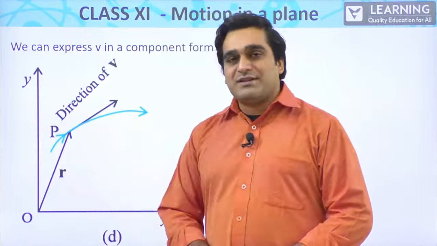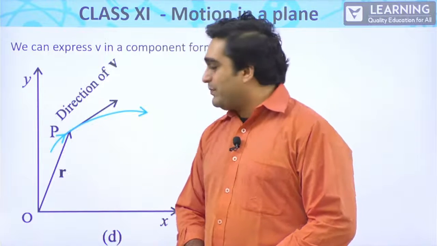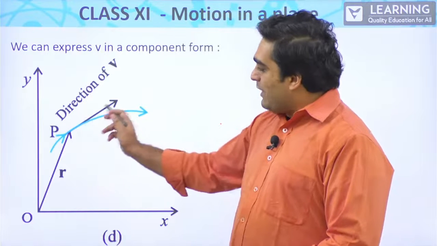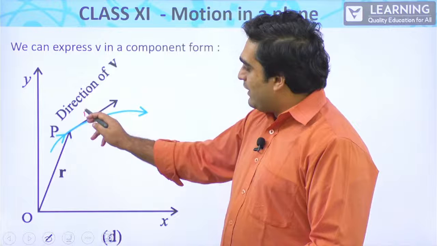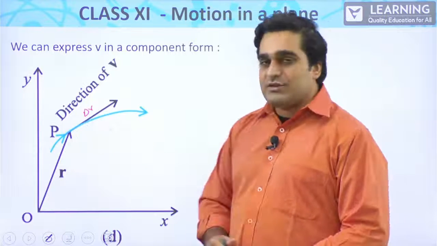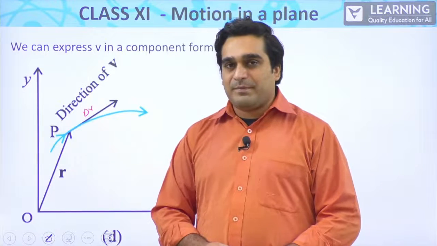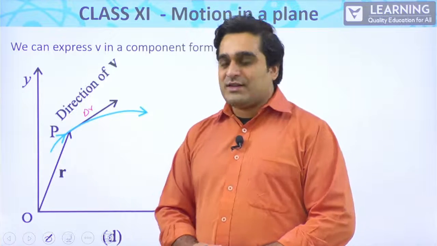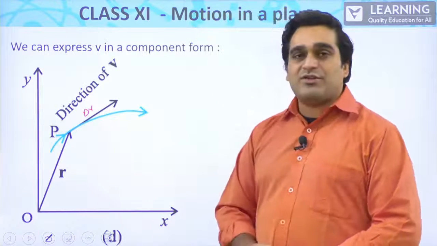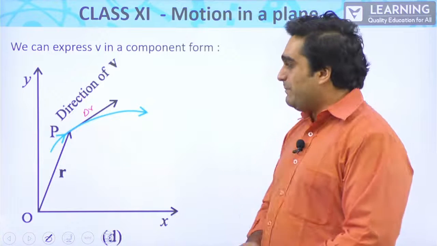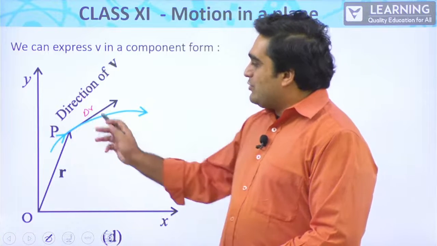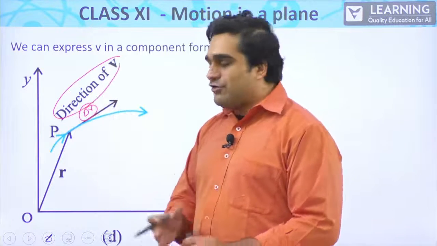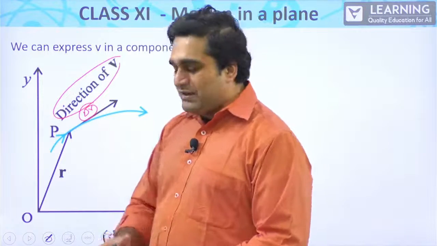OPR represents the position vector, and the other vector, let's call it delta R vector, is your displacement vector. We also determined that the direction of the velocity is the same as the direction of the displacement vector. So this delta R and the direction of V could be matched and they would be the same.